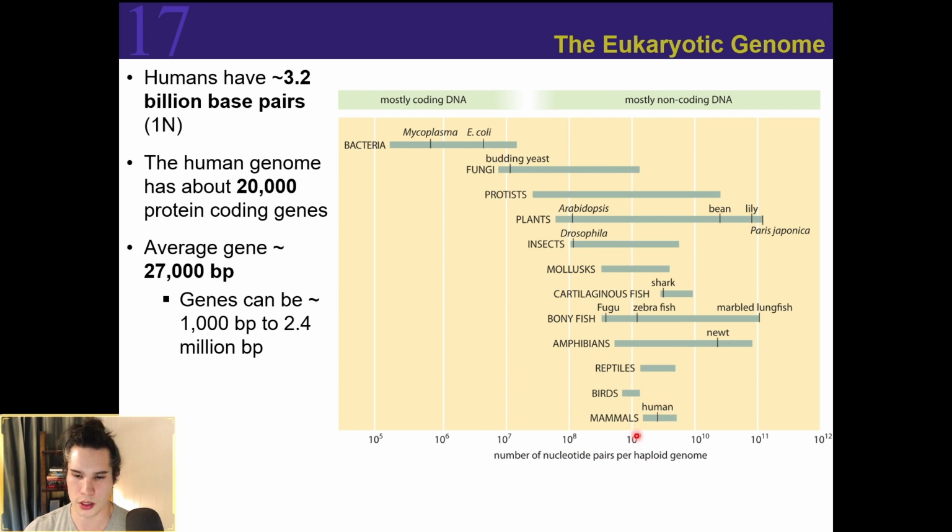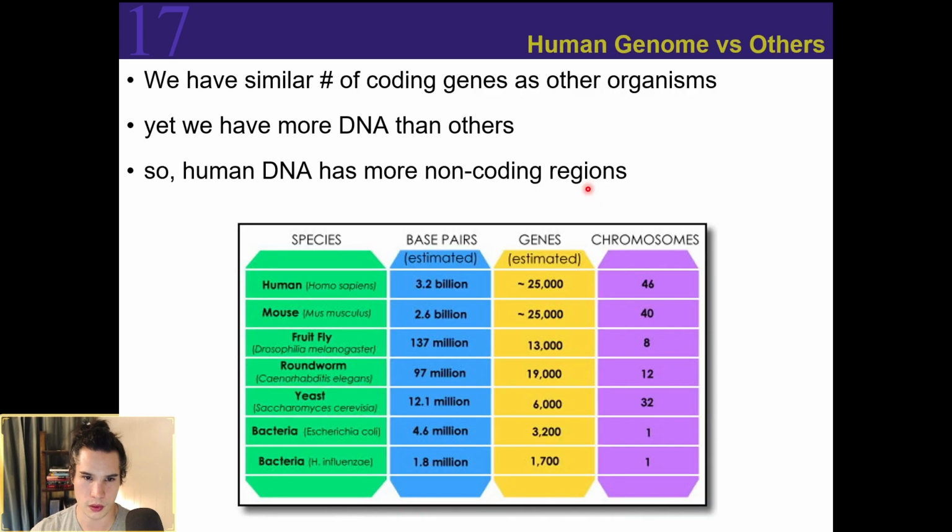Humans are between 10 to the 9th and 10 to the 10th. Now, humans have way more DNA than bacteria. However, bacterial genomes are composed mostly of coding DNA, whereas a lot of eukaryotic genomes consist mostly of non-coding DNA.